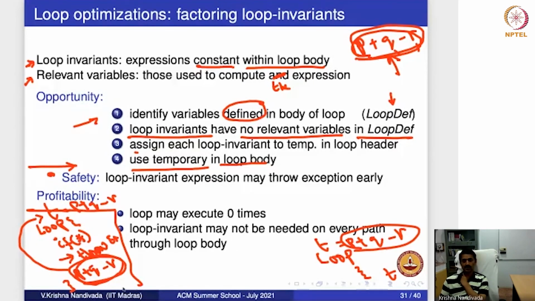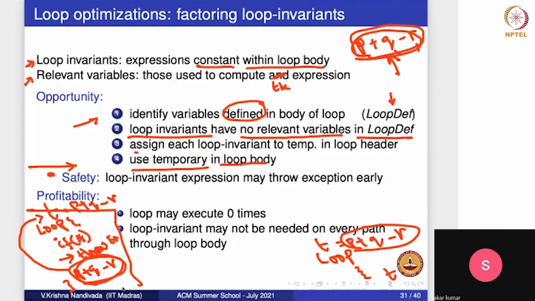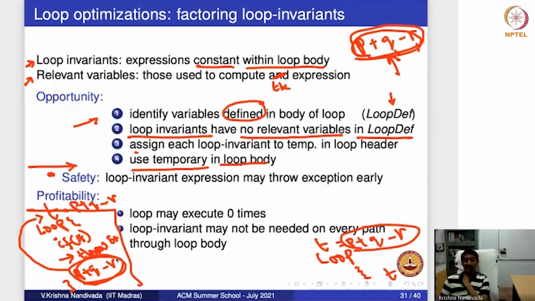Yes or no? Yes, sir. But now I'm executing this code first and then later I may throw an exception. You may say, what's the big deal? I'll show you what's the big deal.